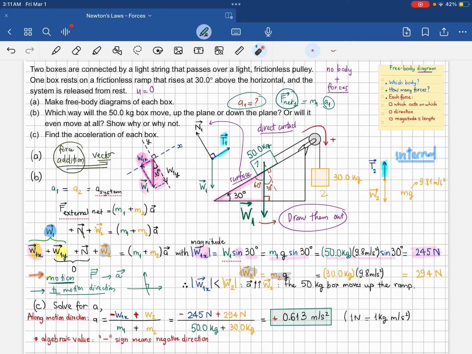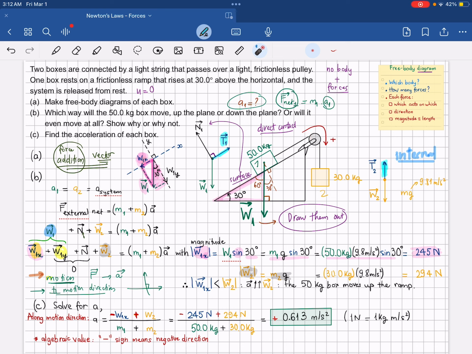If the force going this way is stronger compared to the force pulling it down, this one has a tendency to pull it down, and the weight 2 will move it this way. Then you can see this one is greater. That's why this one should go up. It should move up. So that's the conclusion.